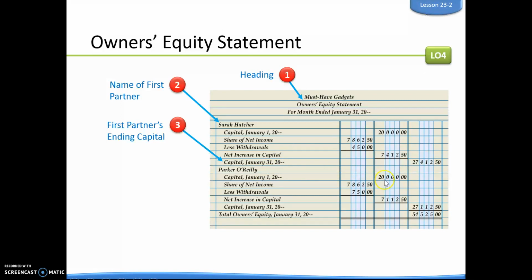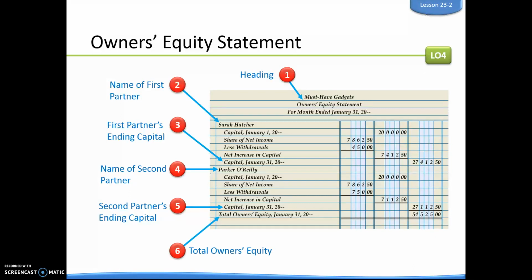Remember, that was both the supplies and the cash she added. Her share of the net income, she took a little bit more out in withdrawals, so her net increase is only $7,112. So that's her capital at the end of the month, and the total then, of course, goes there. So that's what an owner's equity statement looks like for a partnership.